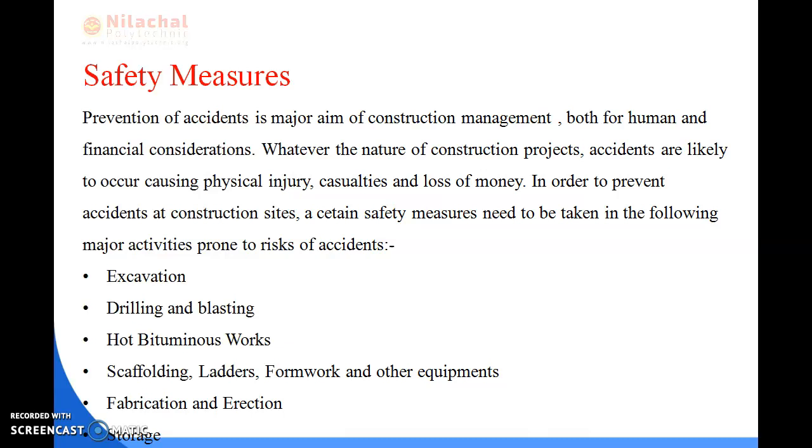In order to prevent accidents, safety measures should be taken in the following activities: excavation, drilling and blasting, hot bituminous work, scaffolding, ladders, formwork and other equipment, fabrication and erection, storage, demolition.